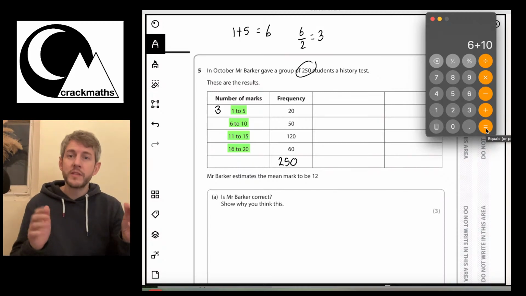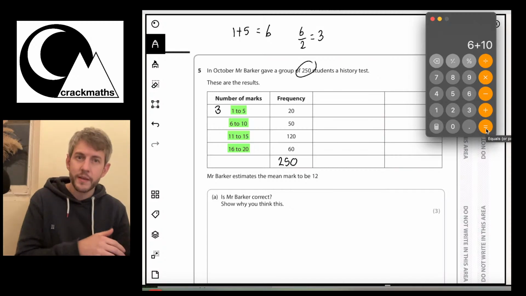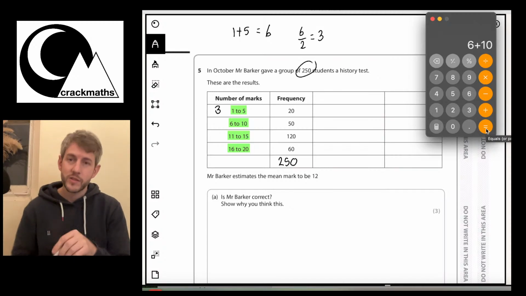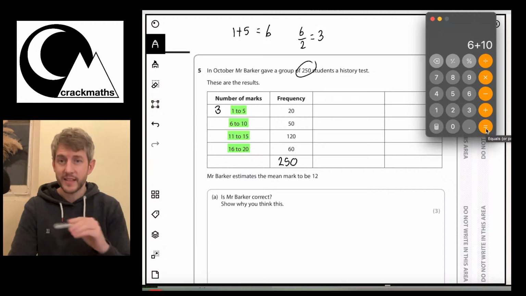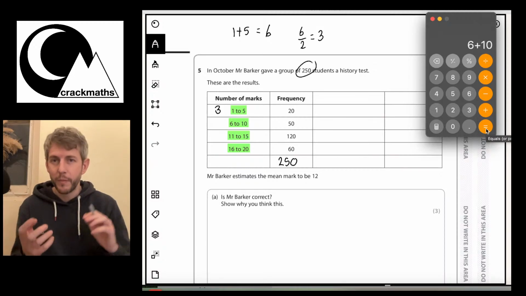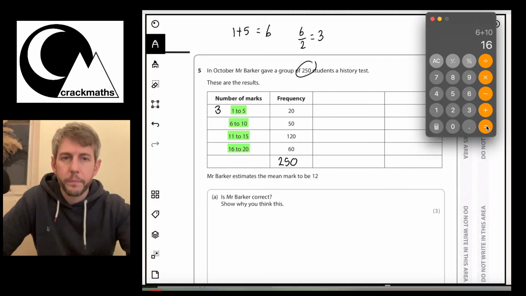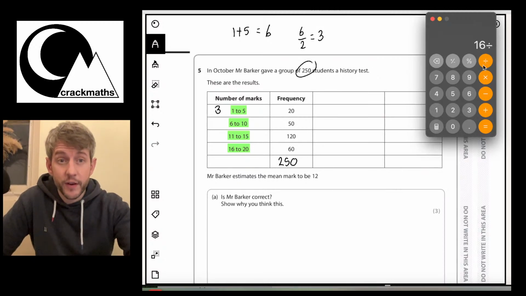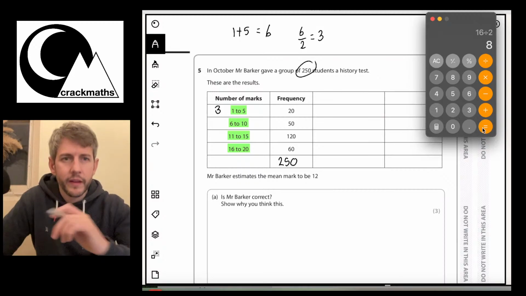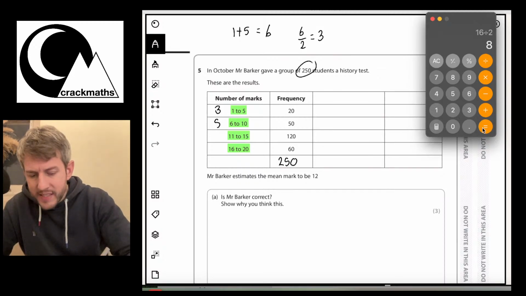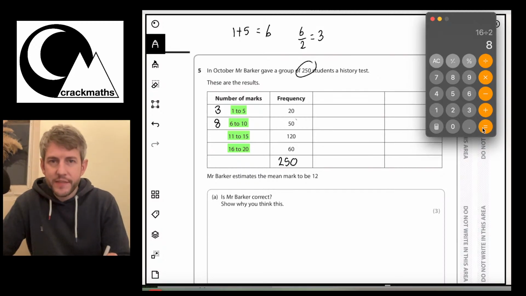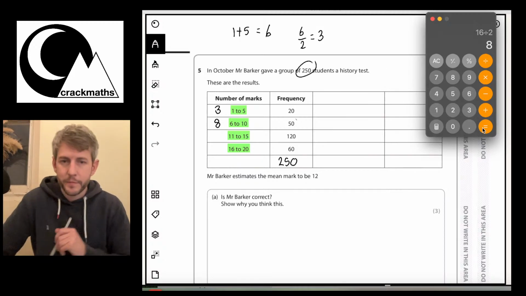Okay, so it would do the 10 divide 2 first, and then it would add the 6. So that would be a very different calculation to 6 add 10, and then all divided by 2. So 6 add 10 equals 16. And now 16 divided by 2 equals 8. So our estimate for the number of marks that these 50 people got is 8.